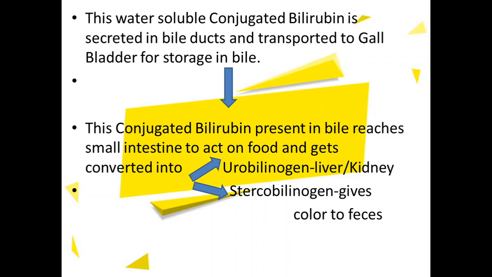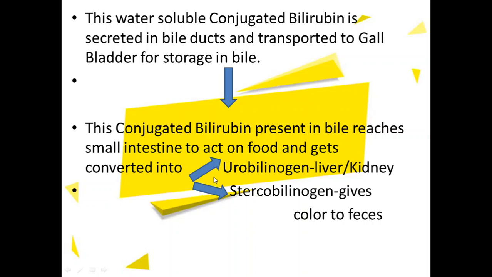So this conjugated bilirubin present in bile will get converted into urobilinogen and stercobilinogen. Urobilinogen, some part, its metabolic part will go into liver and some part in the form of urobilin will go into kidney, which will give yellow color to urine, and stercobilinogen will give color to feces.